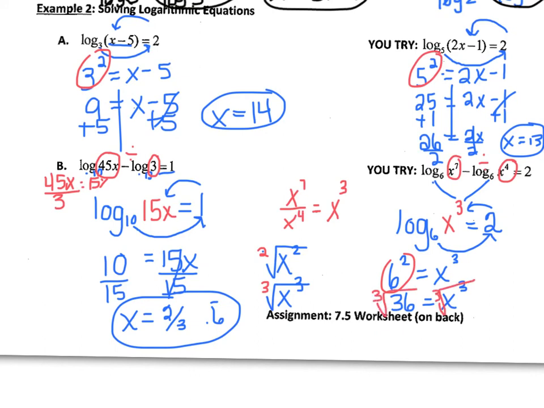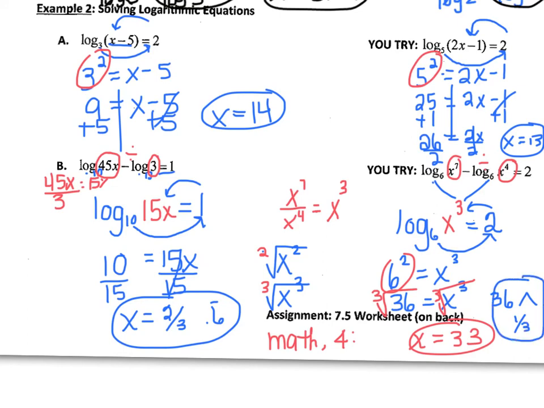And to get to this on your calculator, you'll press Math and then option 4. When you do that, you'll come up with x equals 3.3. If you don't have a graphing calculator, what you can do instead is type in 36 to the 1/3 power. That will also work. Okay?